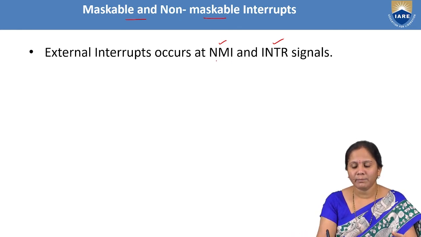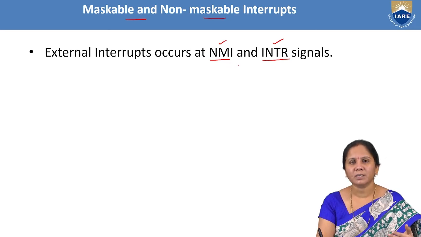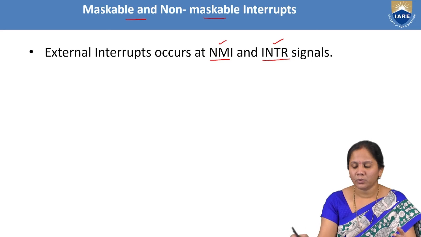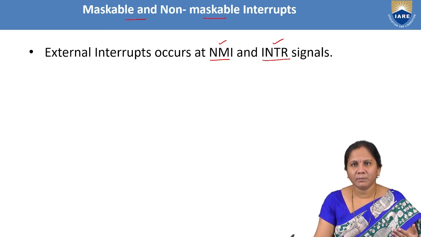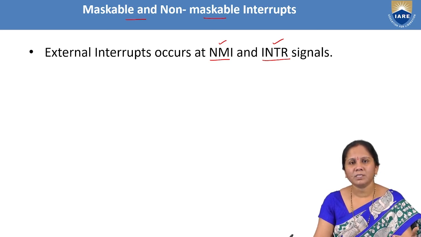For example, if any interrupt is coming through the INTR signal of the 8086 microprocessor, it is called a maskable interrupt. If any interrupt is coming through the NMI signal, then that interrupt is called a non-maskable interrupt. Maskable interrupt means the interrupt that can be disabled. Non-maskable interrupts means the interrupts that cannot be disabled.